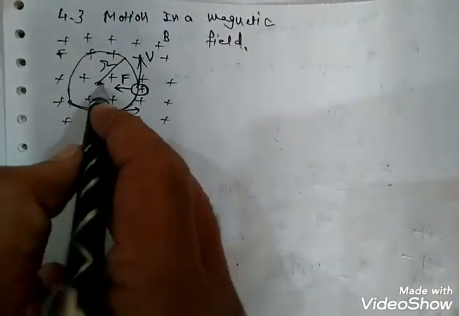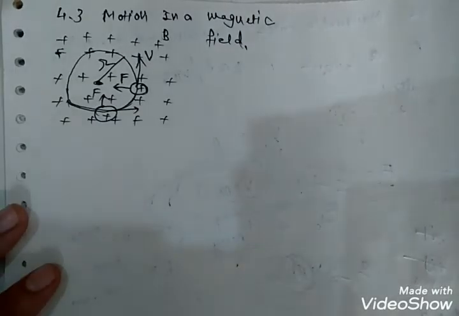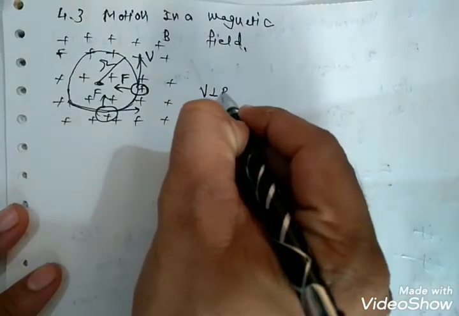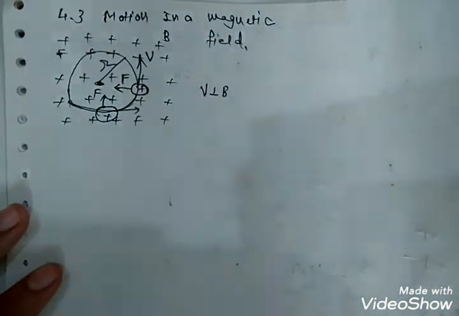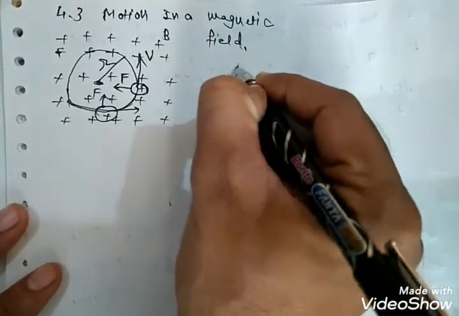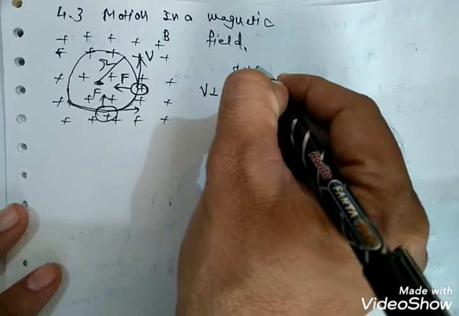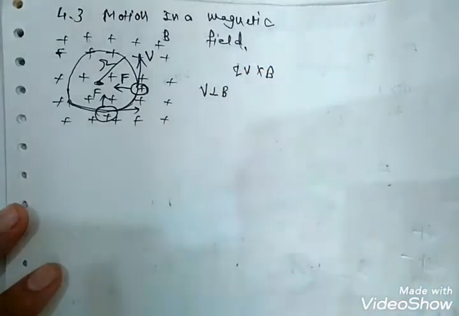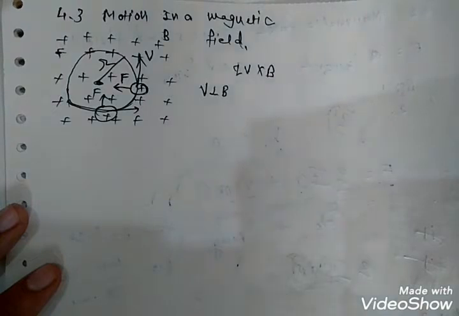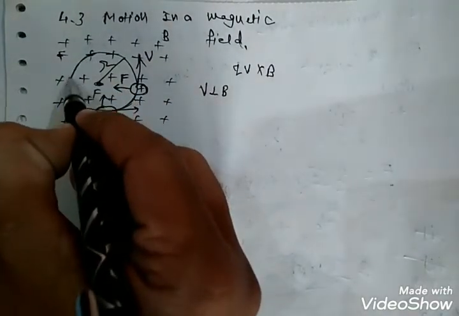First consider the case where V is perpendicular to the magnetic field. The force is Q V cross B, which acts as a centripetal force and produces a circular motion.